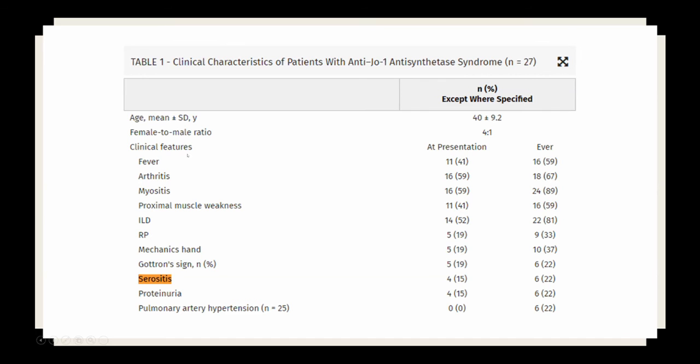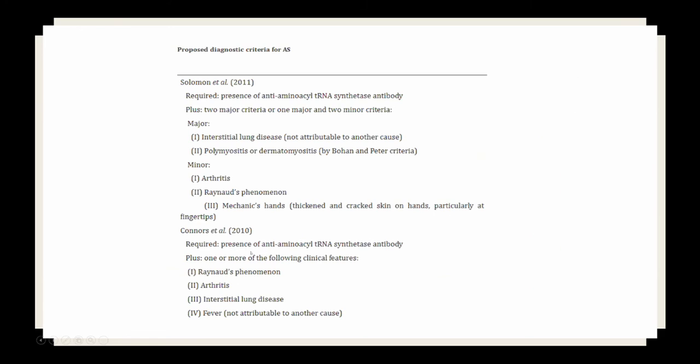But I thought what was interesting about this cohort was the serositis, which our patient very much had. 4 of their 15 at presentation had the serositis, and the serosa, the lining of these internal and external membranes. So that I think probably explains a good portion of her pericardial effusion and her pleural effusions. So that's definitely one of those overlap phenotypes that she had.